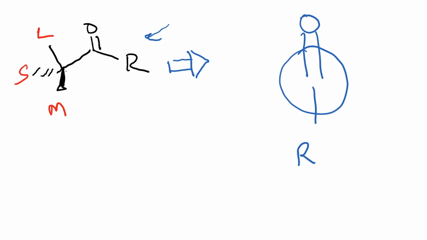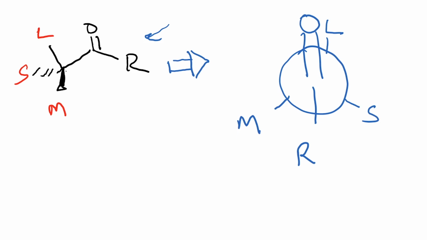Exactly the way you draw it, the large group is always going to be on top. If I'm looking at it from here, the small group is going to be on the right and the medium group is going to be on my left. This is how I would draw this.